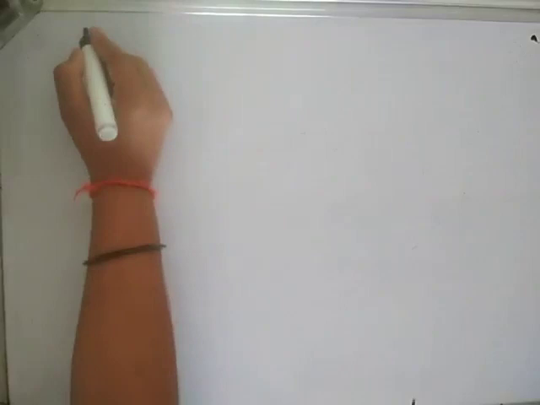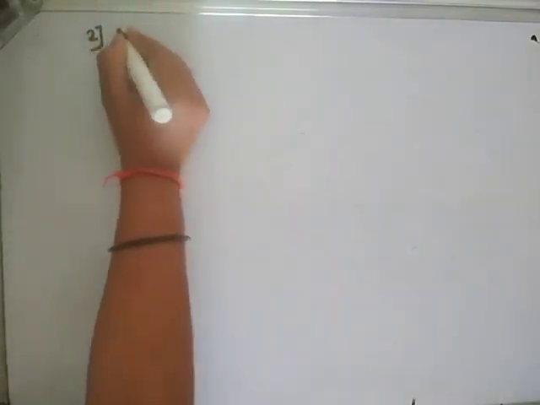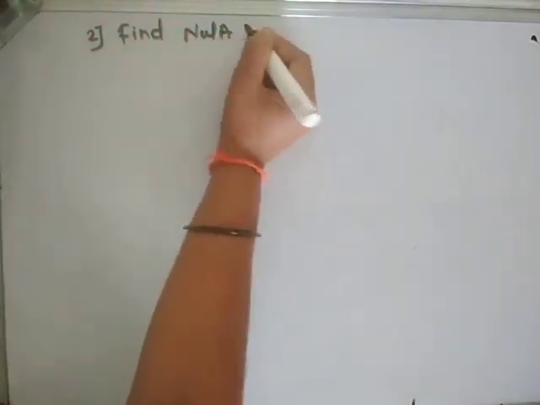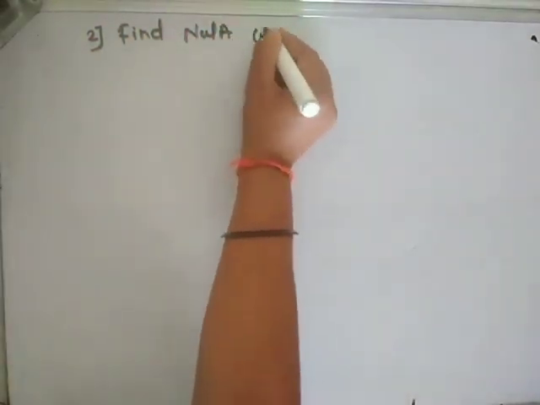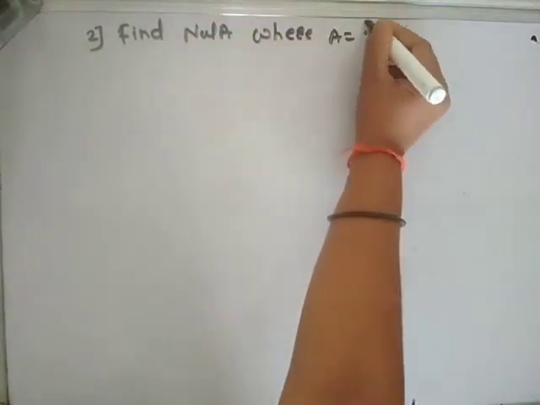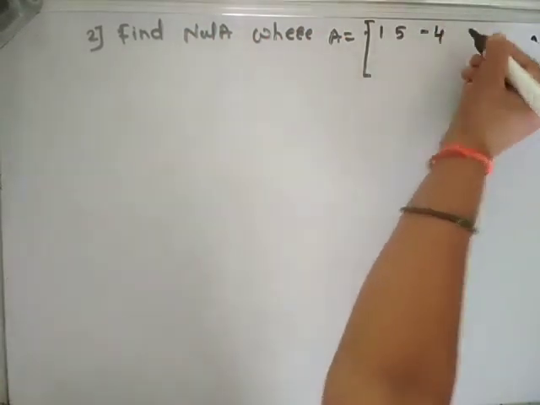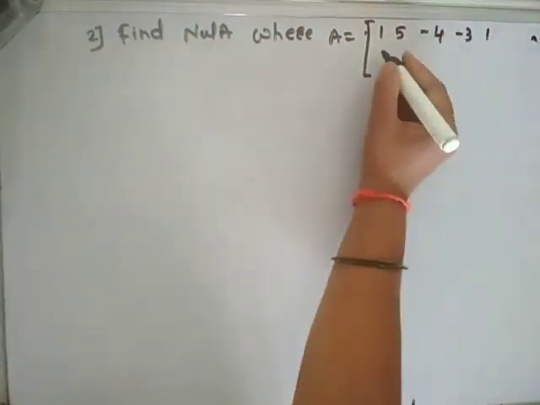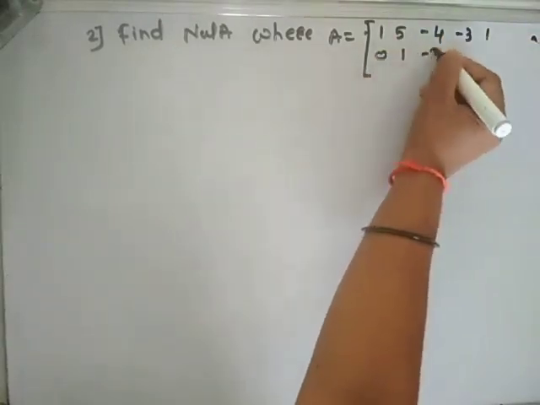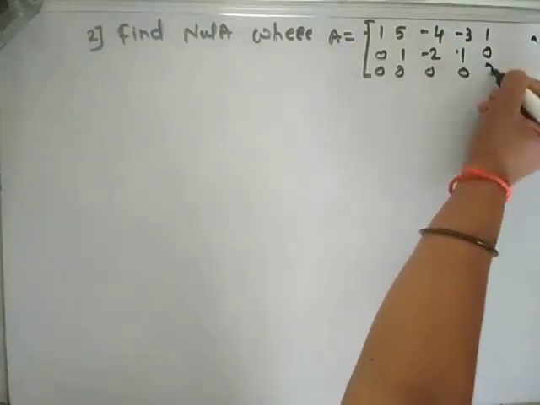Next, let us take the next example. Take this example for homework. Find the null space of A where A is the matrix 1, 5, minus 4, minus 3, minus 3, 1, 0, 1, minus 2, 1, 0, 0, 0, 0.